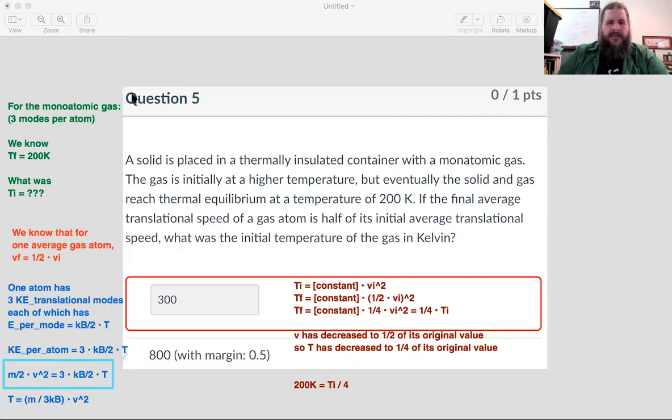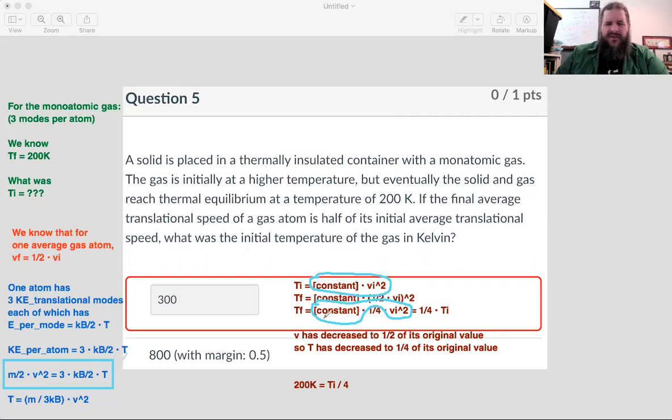Okay, I see. In fact, the reason why that cancels out in this case, if you take a look at the constant times 1/4 times speed initial squared, everything on this side of the equation except the 1/4, constant times v initial squared, is just the initial temperature. So we're essentially just doing a substitution here.